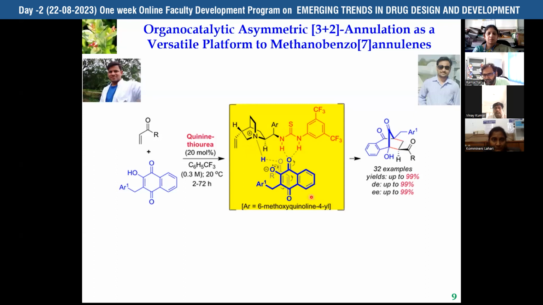You see, in this there is no metal. This is the thiourea component, this is the tertiary amine component. The tertiary amine component will take the H to form hydrogen bonding, and this H will have hydrogen bonding with the methyl ketone to induce polarization, and the thiourea component has hydrogen bonding with the lactone carbonyl.